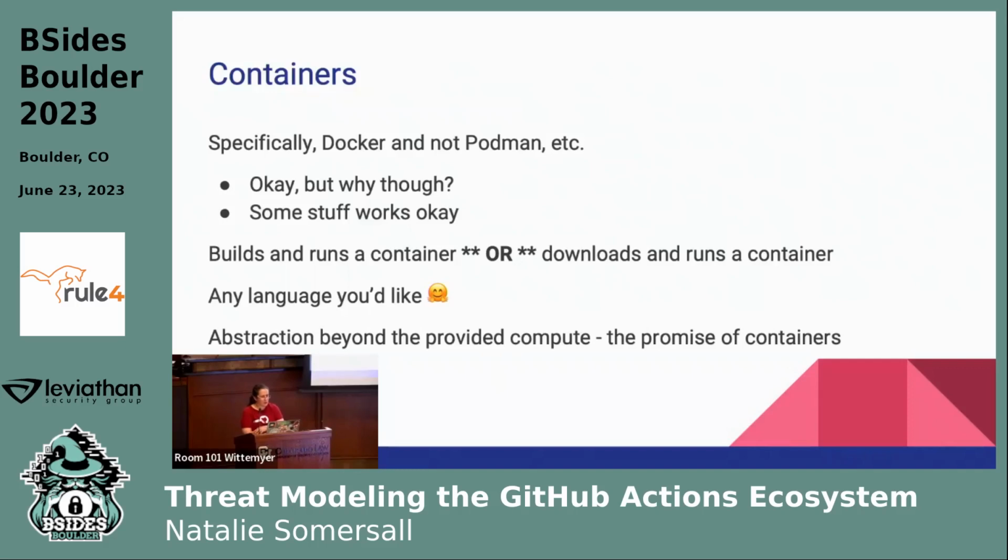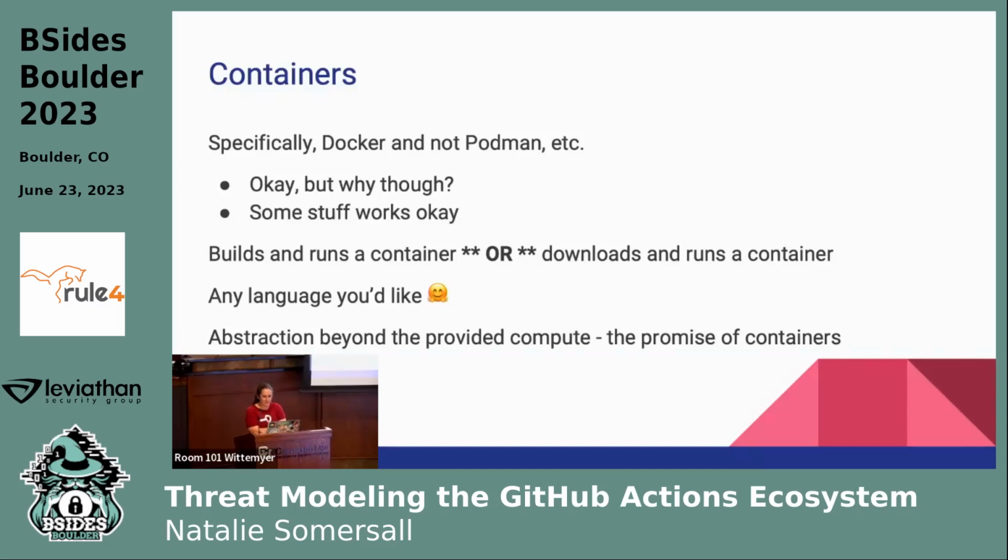And you can do one of 2 things with containers. You can build and run a container. So your action YAML would have a Dockerfile checked into that repo as well, and on each and every run, that container is built from that Dockerfile. Or you can say, hey, we're going to just run this container. You need to be able to pull it, and these are the inputs and these are the outputs.